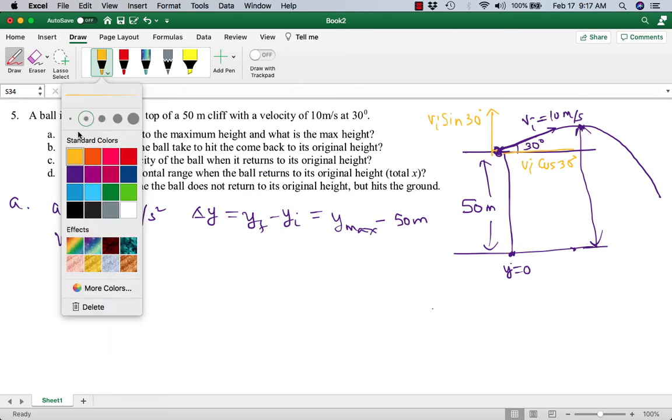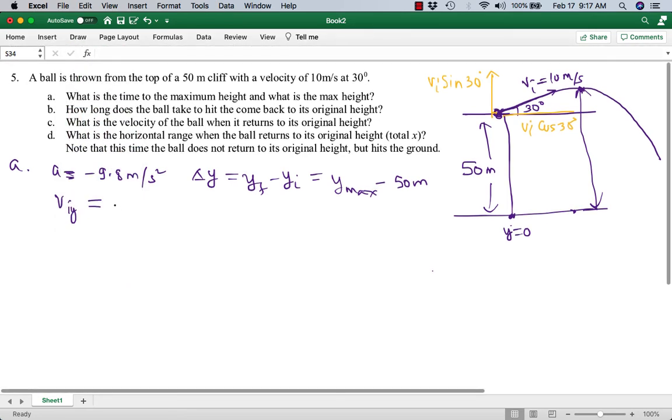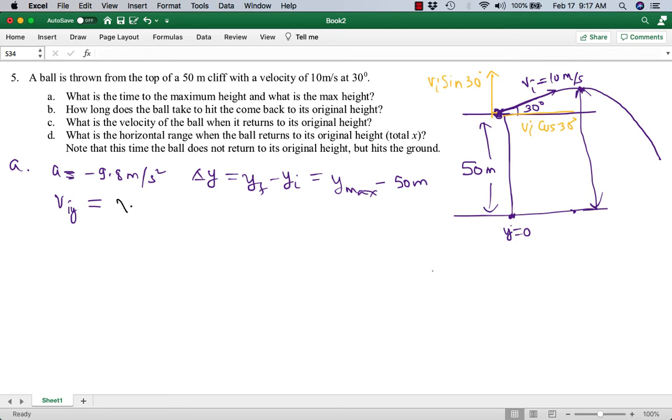So the initial velocity in y would be vi sine 30 degrees, and we want to use the formula that doesn't involve time, because we don't have time. And we also know at the highest point the final velocity would be 0, because the ball stops momentarily at the maximum height.